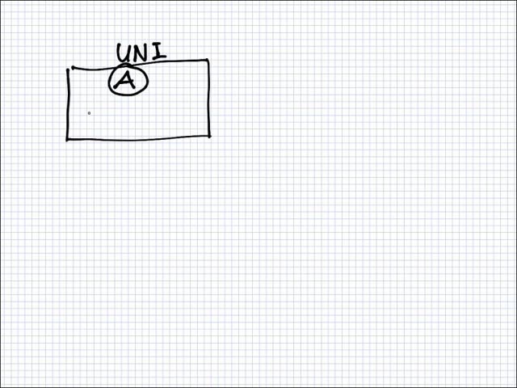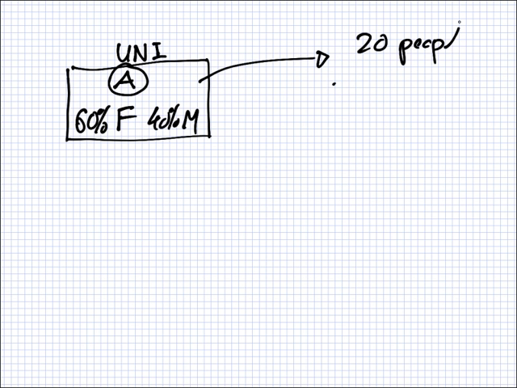And in this department, we'll say that 60% are female and then 40% are male. And then each year, perhaps there's a group of people that are selected, maybe for some kind of scholarship. So we'll say that 20 people are picked for a scholarship.